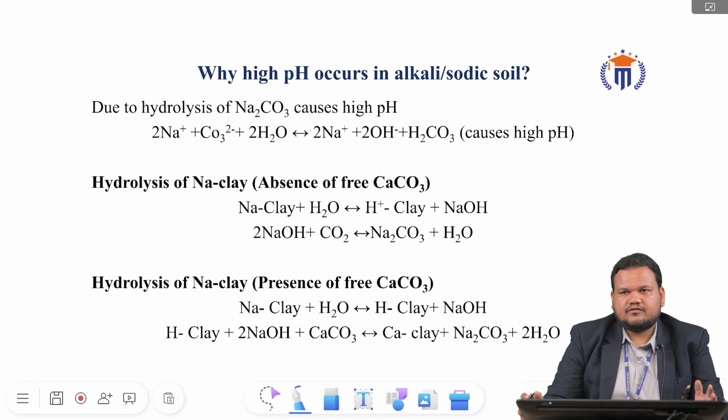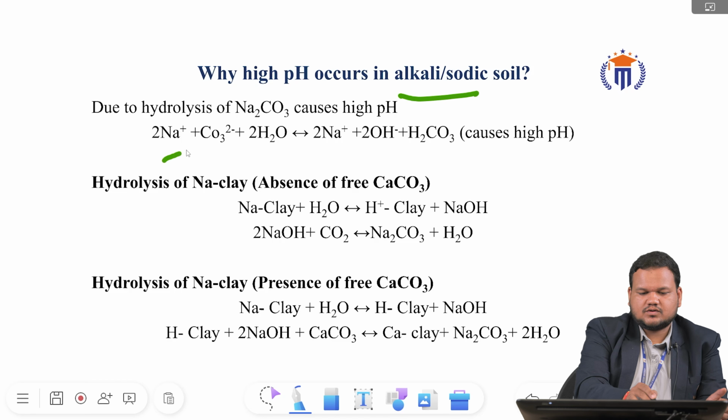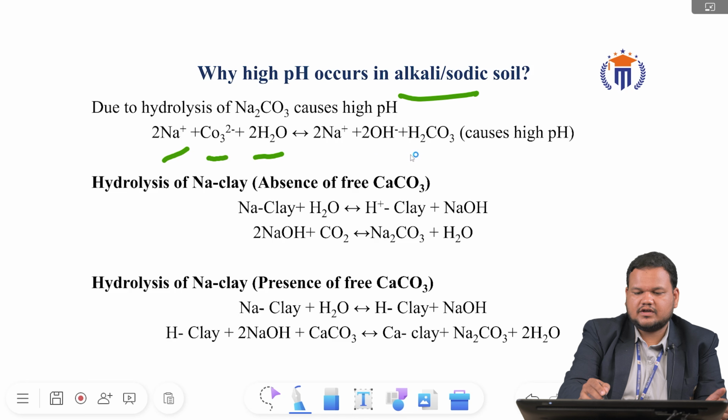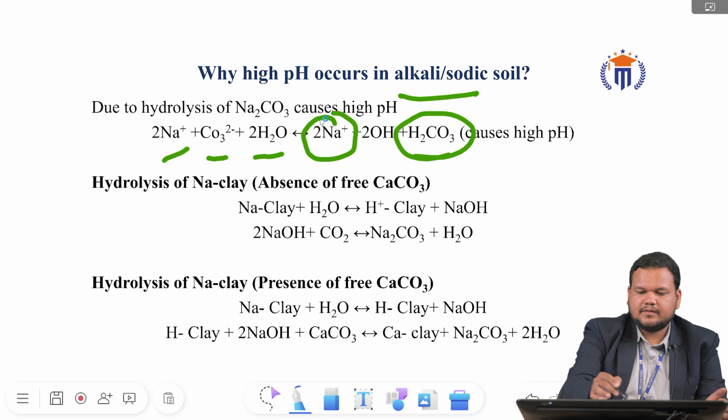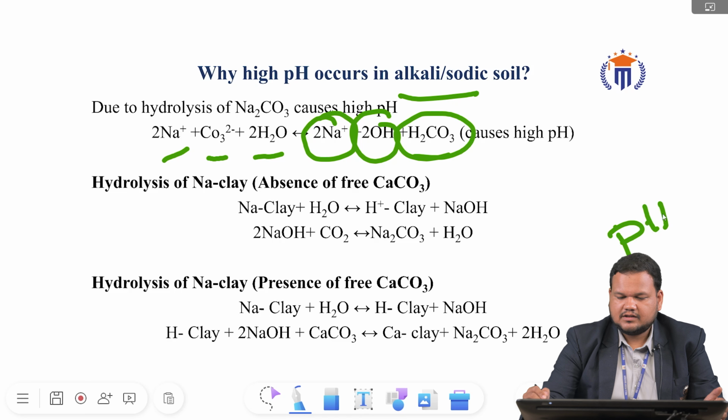So what is the reason for having a pH of alkali or high pH? In saline soil, you have a pH of less than 8.5. The high pH in alkali soil is due to sodium reacting with carbonates and water, resulting in the formation of carbonic acid, sodium ions and hydroxides, which increase the pH of the soil.